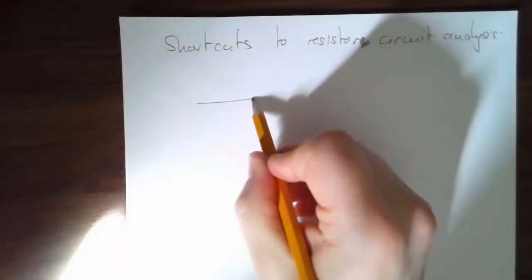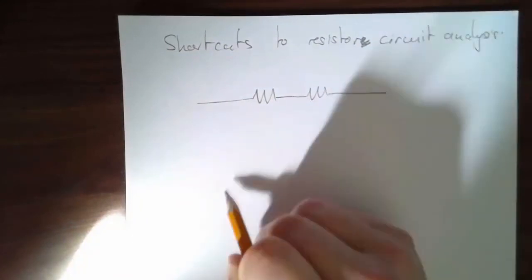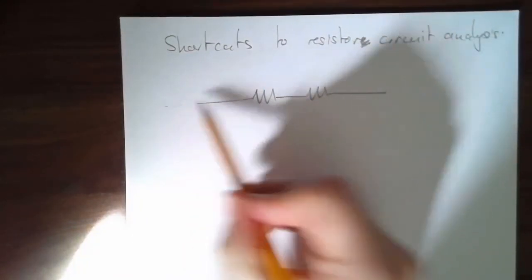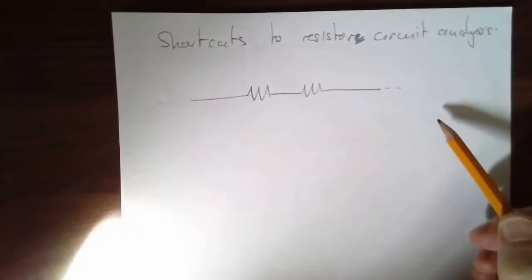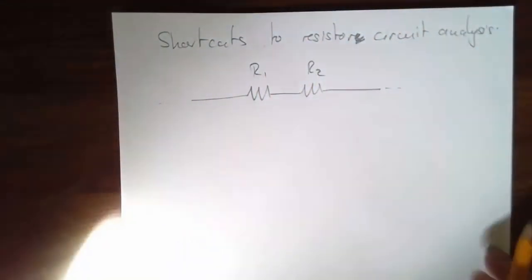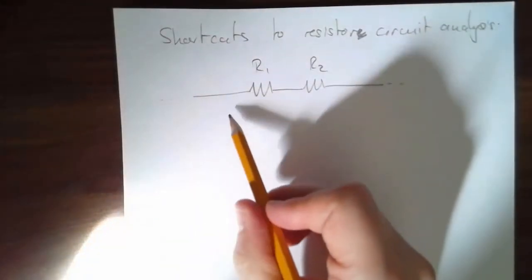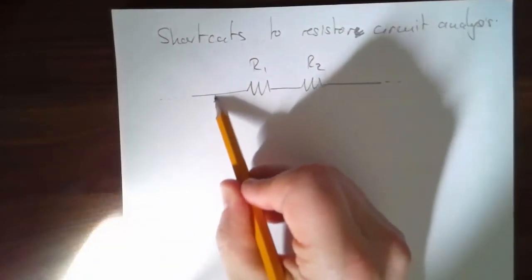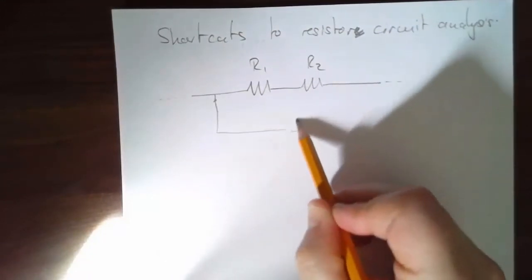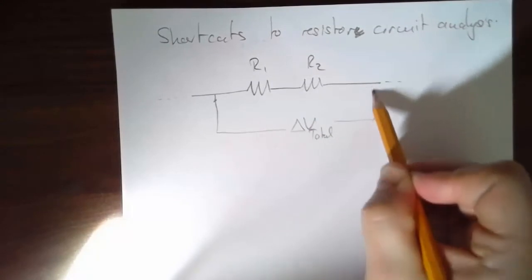So the first one is when I've got two resistors, they are like this. I don't know where this comes from, it's just part of a circuit. They've got resistances R1 and R2. Then say there's a certain total potential difference across them, delta V total.